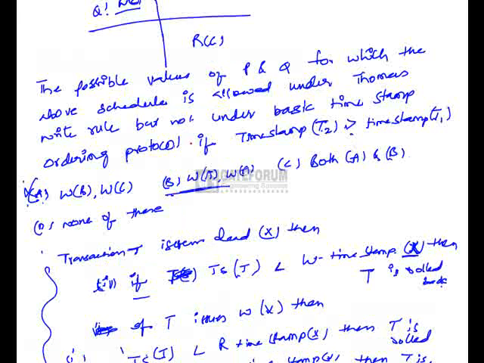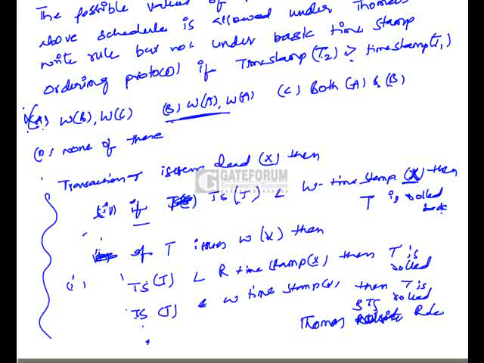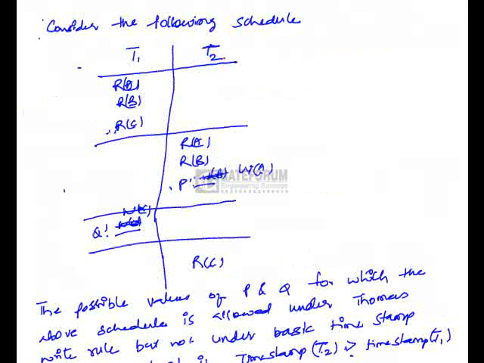Now let us check option B. That means the P value is write A and the Q value is also write A. Whenever this write operation on A is called by transaction T2, it will check for these conditions, and the timestamp of T2 is greater than the write timestamp of A. Why?